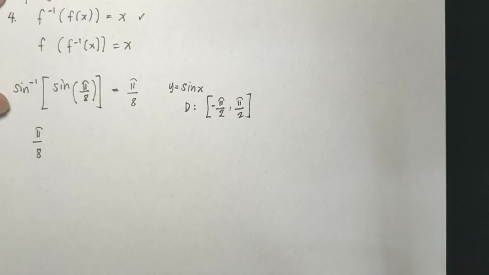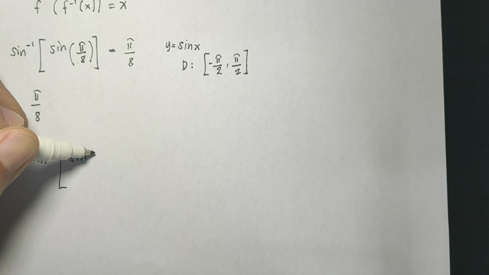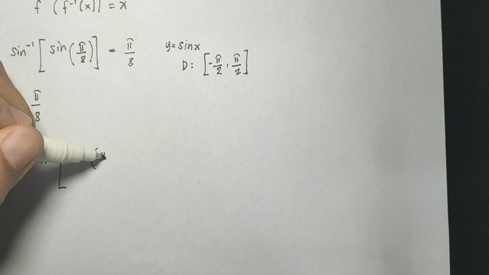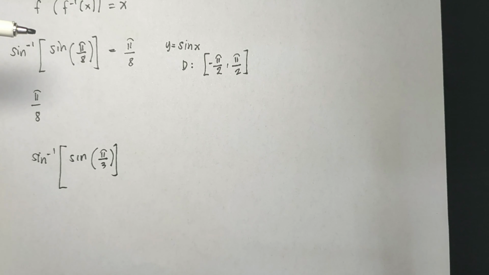Okay, so another example. Let's say we have inverse sine of sine of pi over 3. What will be the value of this?